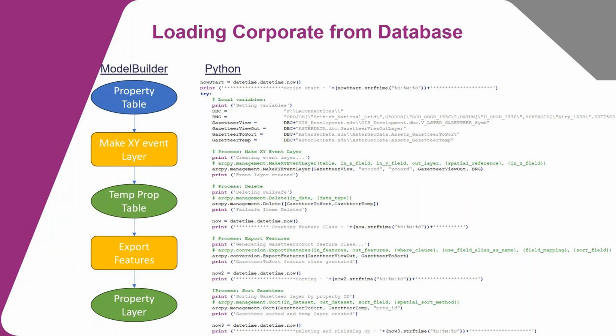So we then use Model Builder to create the basic import process, which is what you can see on the left. And we then refine it in Python, which is what you can see on the right. So that's where we've got the print statements, some timings, some error logging, that sort of thing. And once we're happy that that's all running okay, we can schedule that in Task Scheduler.